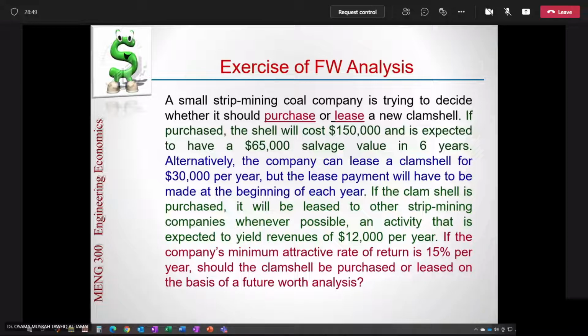Read this example now. I need you to plot the cash flow diagram by yourself. Try to understand what is in this scenario.